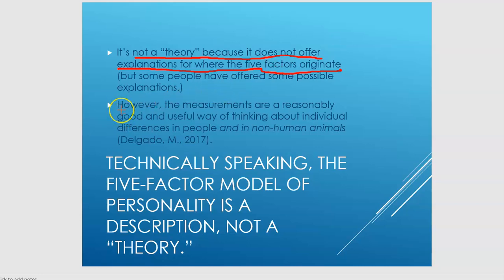But even though the five-factor model does not offer explanations for where the five factors originate, the measurements themselves are a reasonably good and useful way of thinking about individual differences in people and in non-human animals.